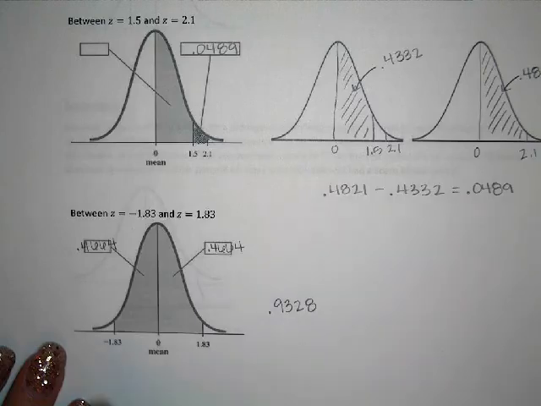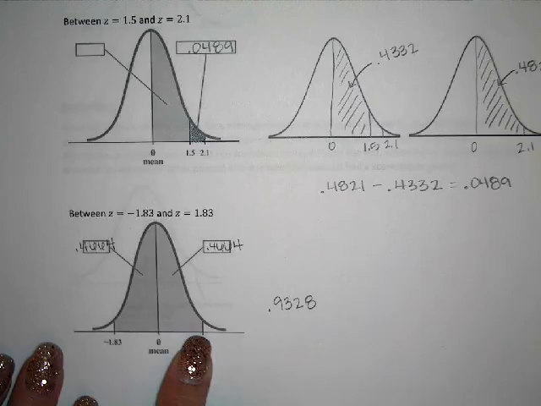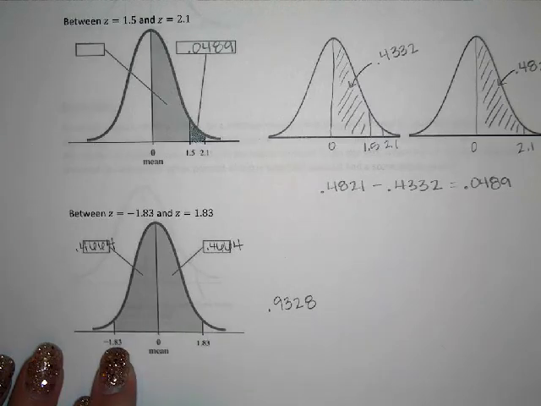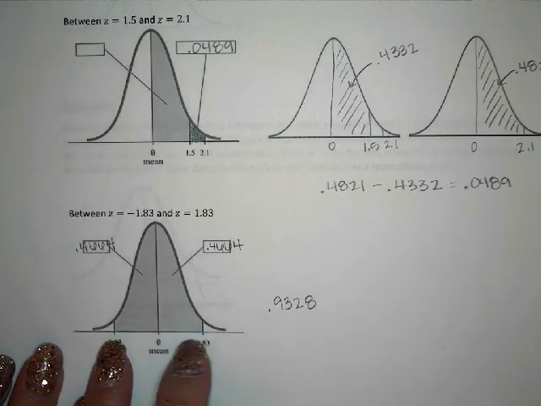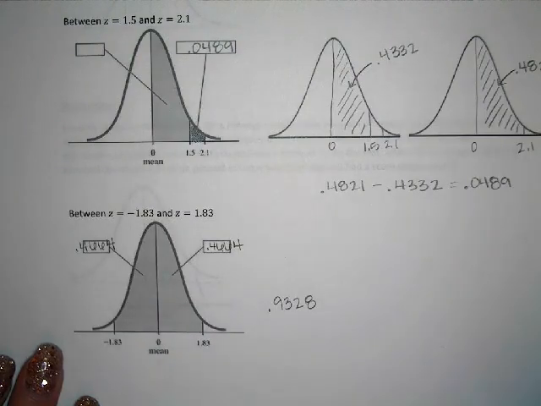So whatever data value has a z-score of negative 1.83 and whatever data value has a z-score of positive 1.83, I could figure out those data values, and then I could say for my whole set of data, the probability that the data is going to be between those two values is 0.93. Or I could phrase it as 93% of the data lies between those two values.